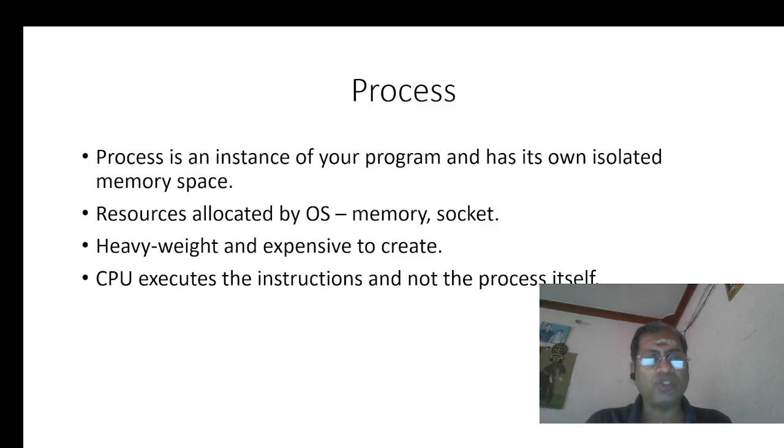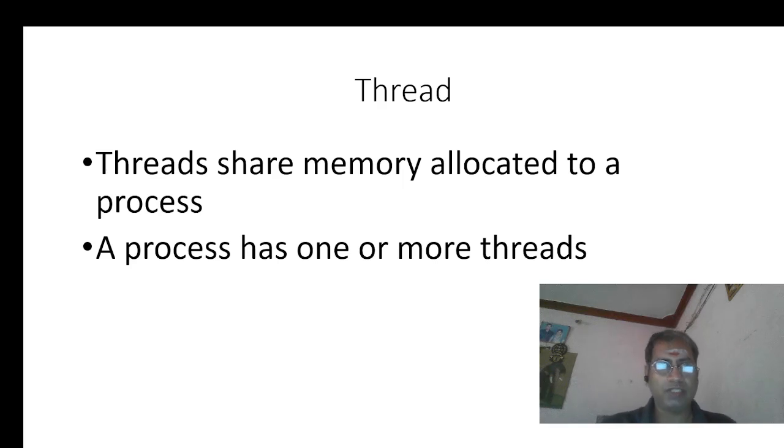So it has resources allocated by the OS, including memory and sockets. A process is heavyweight and expensive to create. Still, the process is not what executes the instructions. It's the CPU that executes the instructions, and not the process itself.